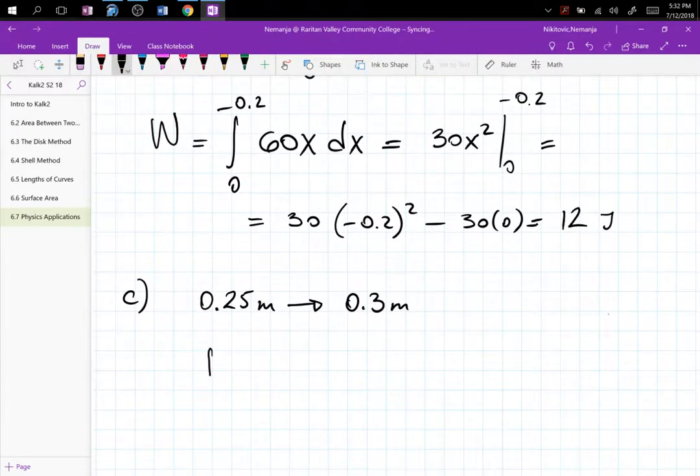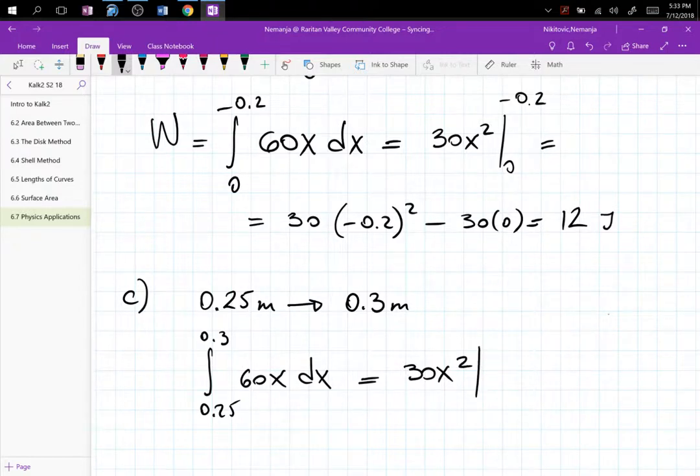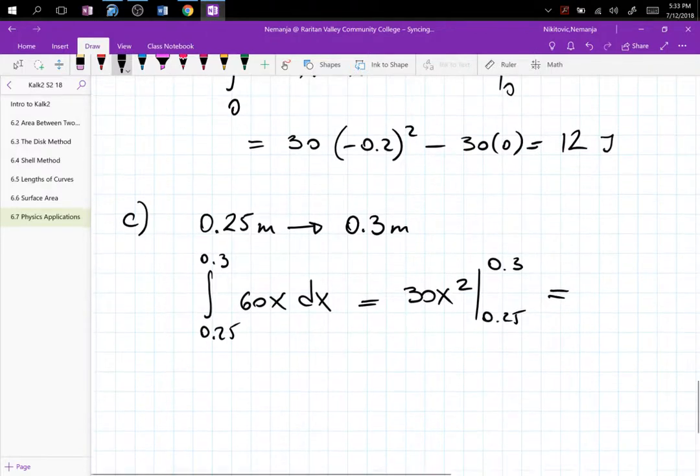Well, that's just limits. 0.25 here, 0.3 over there, and then we still have our 30x dx, sorry, 60x dx. On the top, use 0.3. Yeah, it was different in the text, right? These are not related. From 0.25 to 0.3.